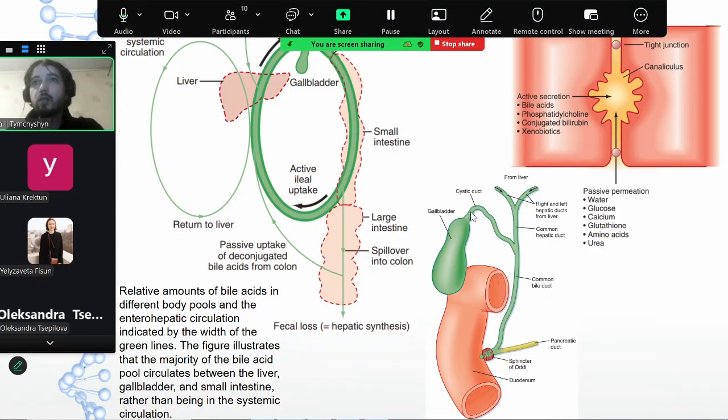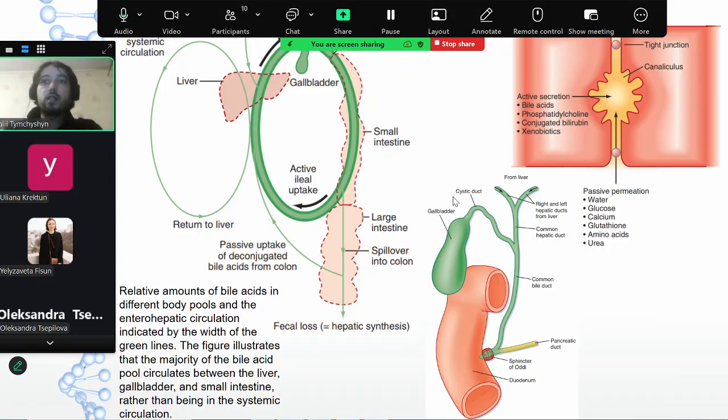So here you see a little bit more of the anatomy. Here you see the common bile duct, the gallbladder, and the liver on its own is not shown here, so it should be near the gallbladder. Here you see just some hepatic ducts from the liver that are delivering these bile acids, and they are then going into the duodenum, which is a part of the small intestine.